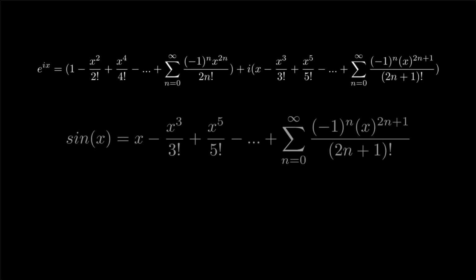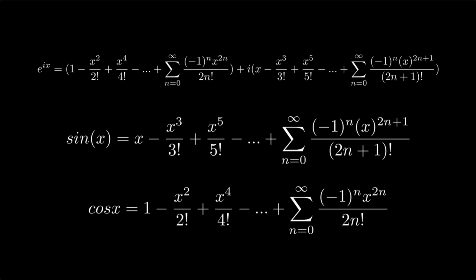So let's bring our Maclaurin series for cosine back up here. And let's look at our series for e to the ix. So, if you haven't realized by now, if we look at our grouped series in e to the ix, we can see our real part follows the Maclaurin series of cosine of x, and our imaginary part follows the Maclaurin series of sine of x.